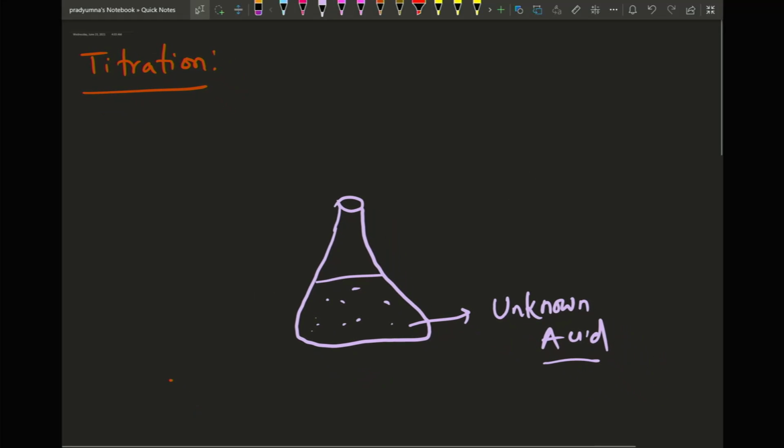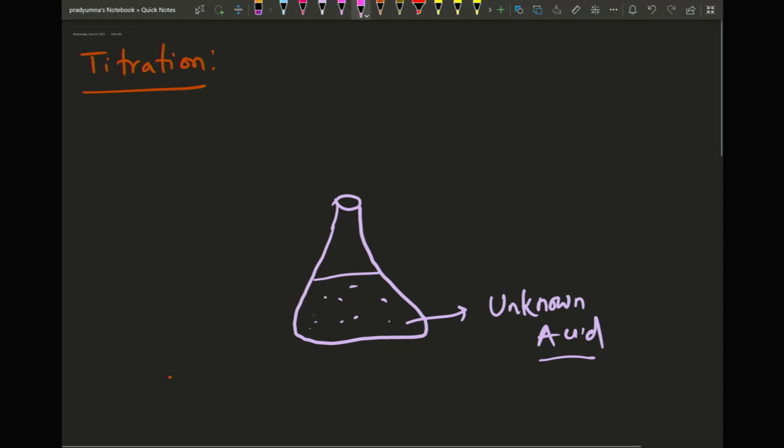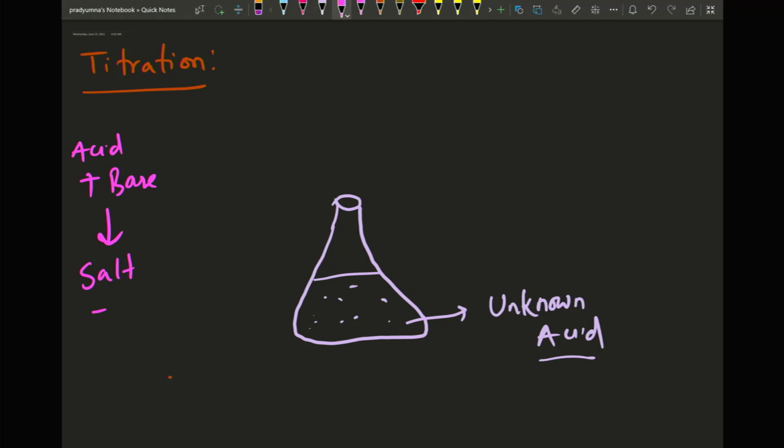So what you can do is neutralize the acid. We know that acid plus base equals what? Salt plus water. So this process is neutralization, right? Neutralization reactions.